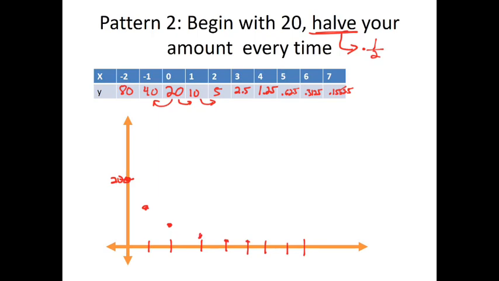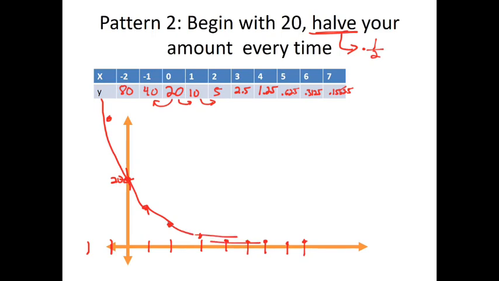And you see these points, golly, they're going to get so close to the x-axis, but they're never quite going to get there. And if I wanted to put these two points, I could put them up here: negative 1, 40 would be there. And then negative 2, 80 would be way up here somewhere. But our graph now is going to look like this. So we started.